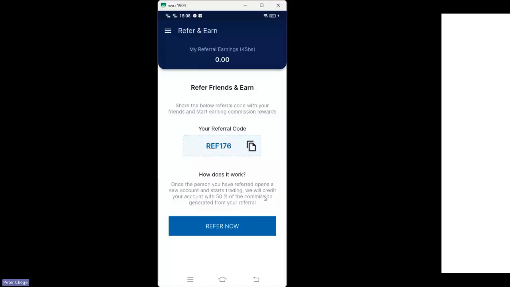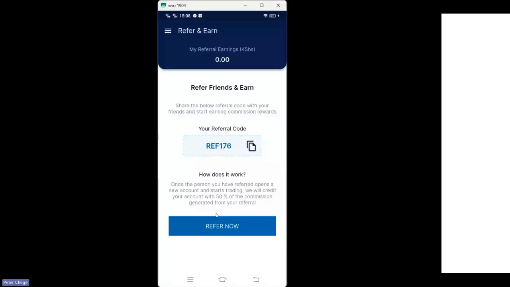How do you share? Don't share the referral code directly. Somebody can forget to put it in, and you'll miss that referral. The easiest way is to click this icon next to the referral code. You copy, then you share that link. If they click, that referral code is defaulted.